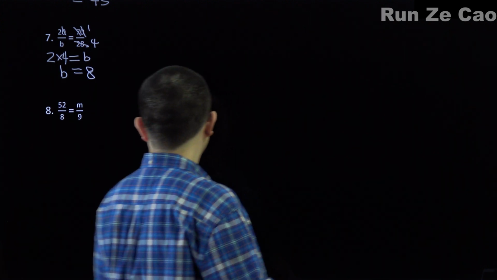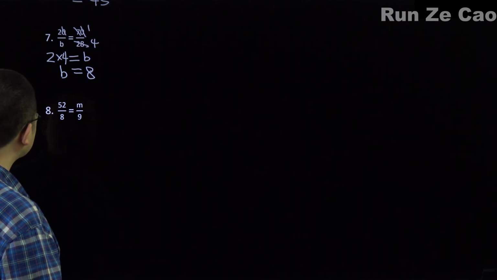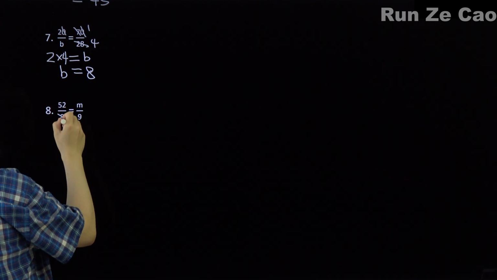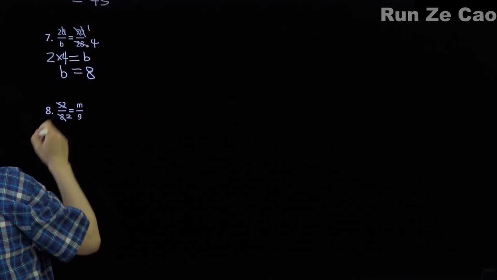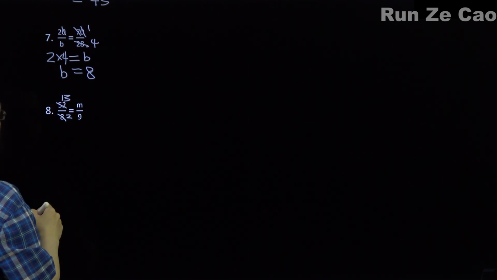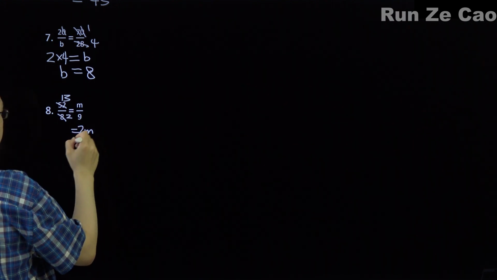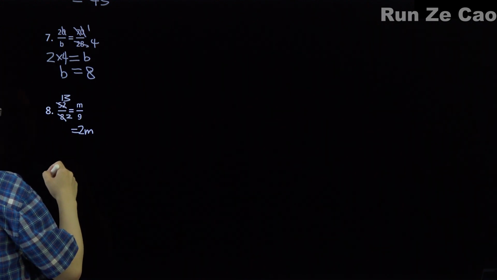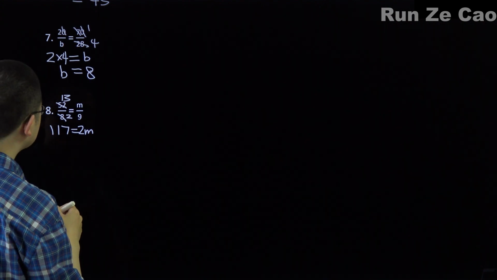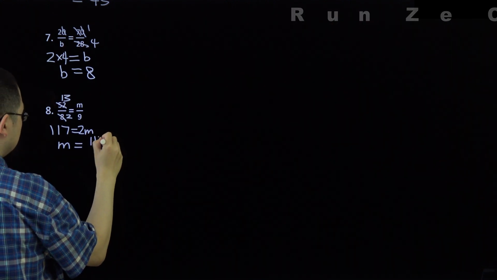Alright. This next one, 52 over 8 is equal to m over 9. What can we cancel out right off the bat? Oh, we can get rid of a 4. We'll divide by 4. 13 over 2 is equal to m over 9. 2m is equal to 13 times 9, so 117. m is equal to 117 over 2.